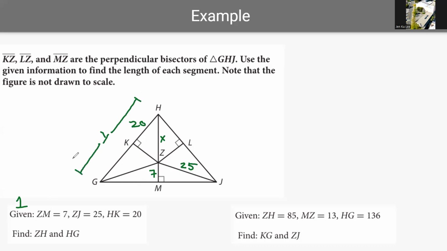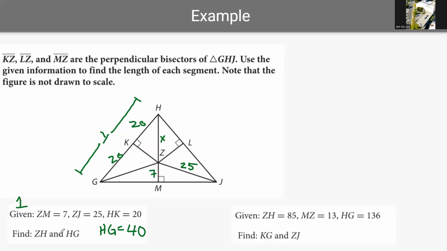Okay. So because ZK is a perpendicular bisector, if HK is 20, then I know GK is also 20. Right? So the whole thing, HG, is going to equal 40 because 20 plus 20 is 40. All right.